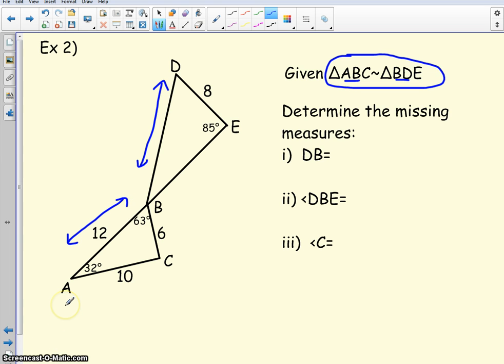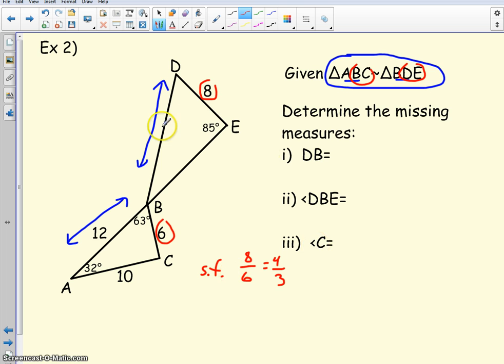So that's helpful and all, knowing that these two sides are corresponding. However, it's useless unless we can find a scale factor. So a pair of corresponding sides we do know is that DE, which is this one right here, is going to correspond with BC. So we can get our scale factor of 8 over 6, which reduces down to 4 over 3.